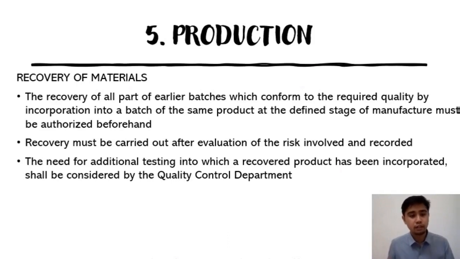But recovery of materials concerns materials that have been mixed and processed, but we want to recover them and incorporate them into a batch of the same product at a defined stage, whether it is the mixing stage, the granulation stage, or the drying stage, whichever is a suitable stage of manufacture, but it must be authorized beforehand.